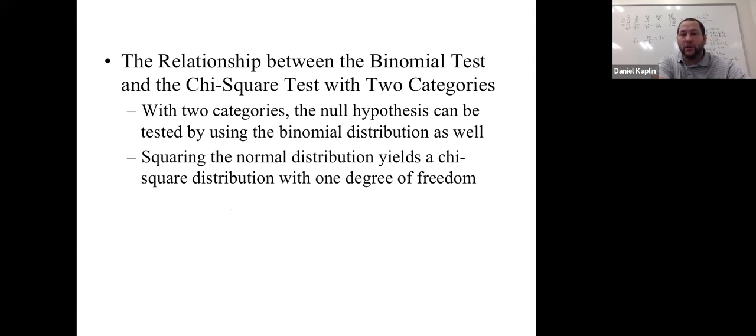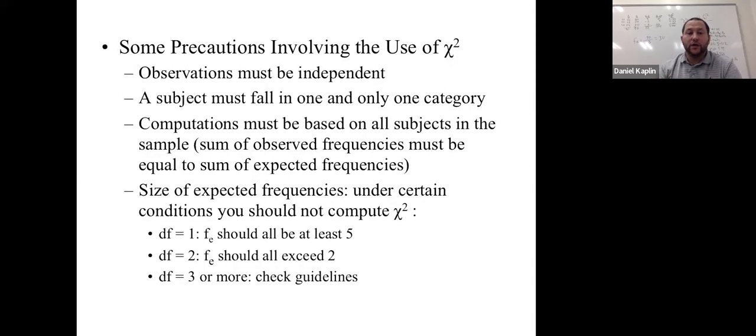And that would happen when you, I guess, square the normal distribution. It gives you the chi-square distribution with 1 degree of freedom. So that's that. Now, if you're going to use a chi-square, there are some rules or assumptions that must be met.